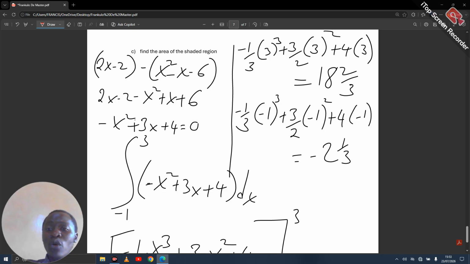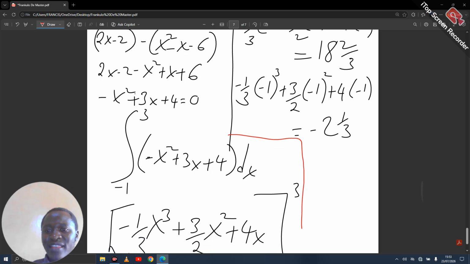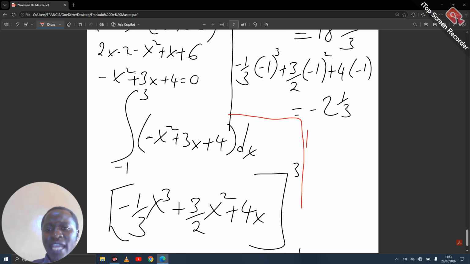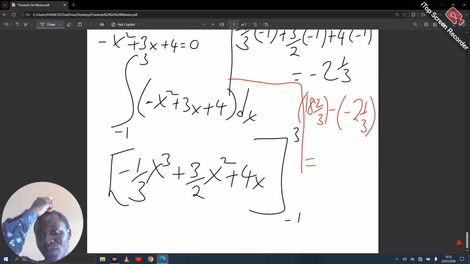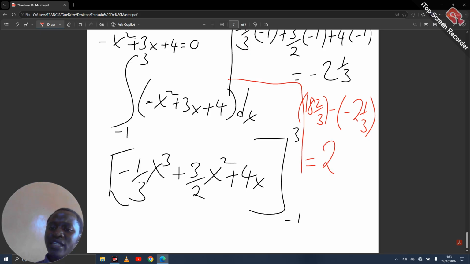So our answer will be, now get the difference, 18 and 2 over 3 minus negative 2 and a third. So doing that, our final answer will be 25 all over 6 units squared.